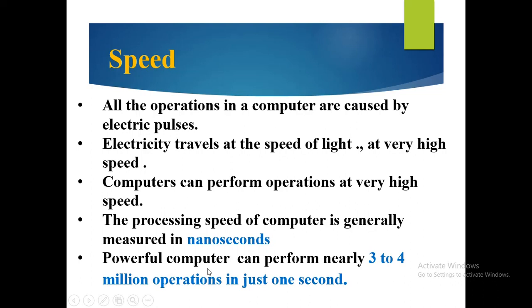A powerful computer can perform nearly 3 to 4 million operations in just 1 second. So now you can understand the speed of a computer from this point. Computers can perform operations at very high speed.